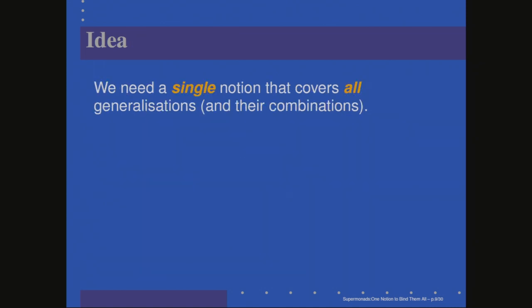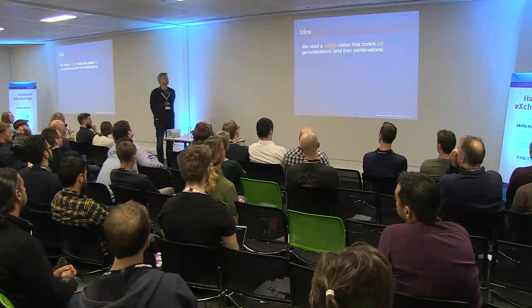So the idea then, of course, and this is not a new idea. People have been looking at this problem before. I'm going to come back to that later. But the idea is that, obviously, it would be nice if there was a single notion that could cover all these bases, not rocket science as such, right?